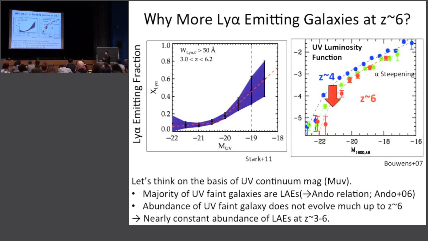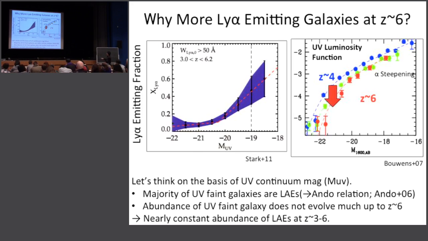This relation is the analog of the Stark relation, which was suggested in 2006 by Stark et al. Another important piece of evidence is the UV luminosity function evolution given by, say, Bouwens and many others.